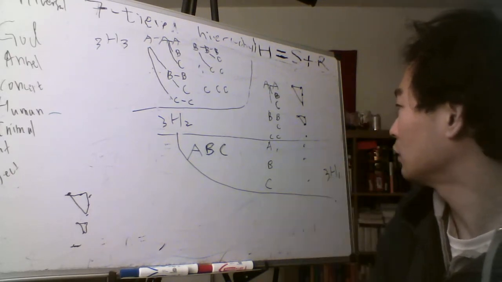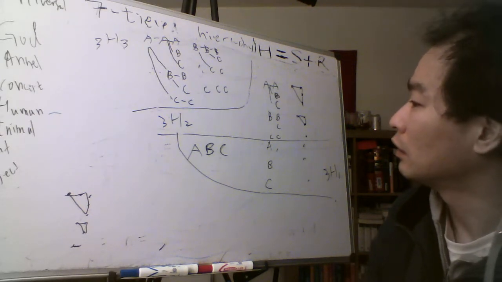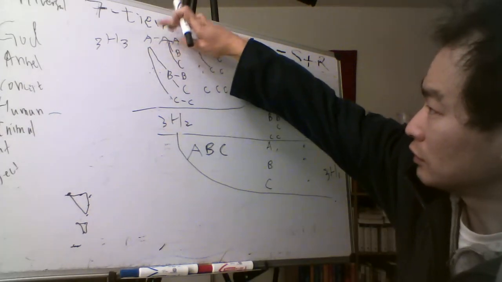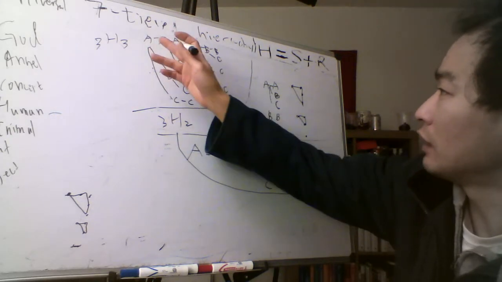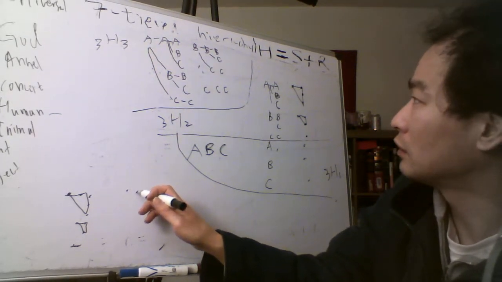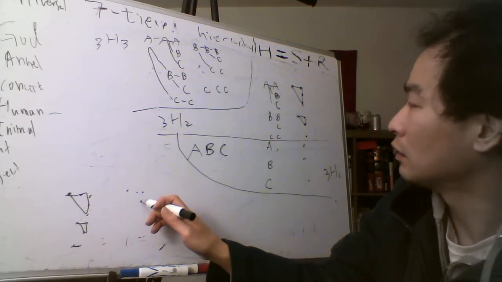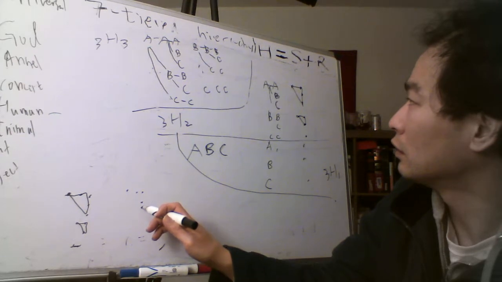So I just drew the one that involves A. The one that involves B is dot dot dot dot.